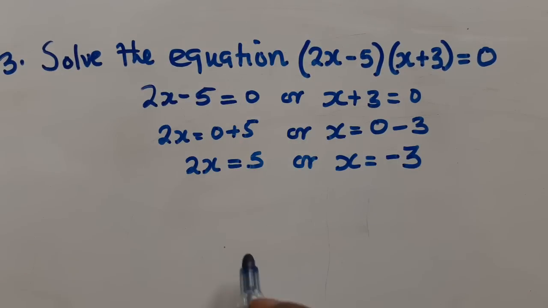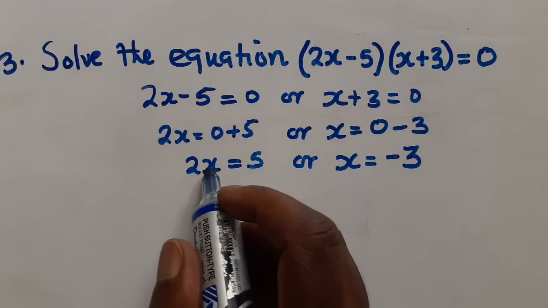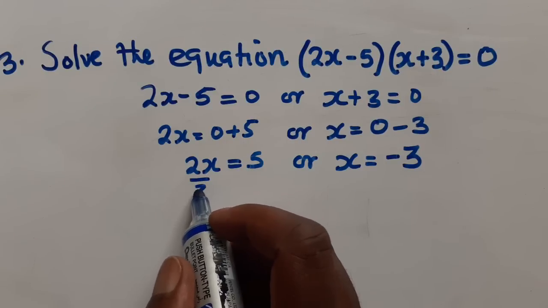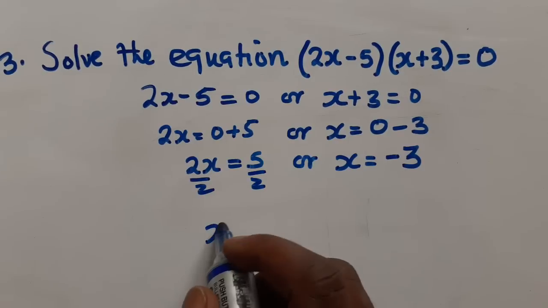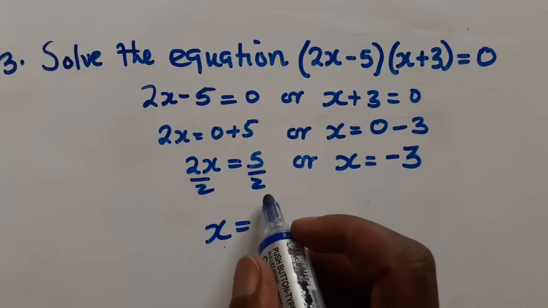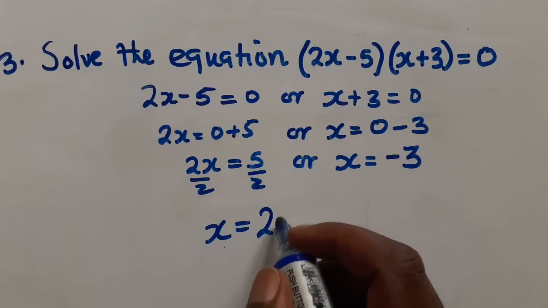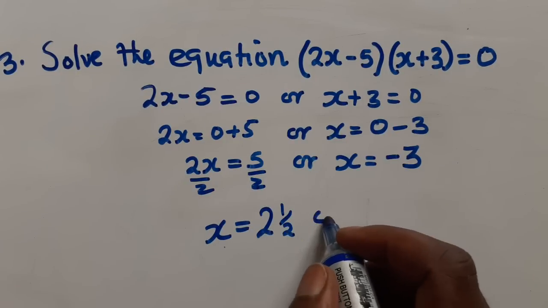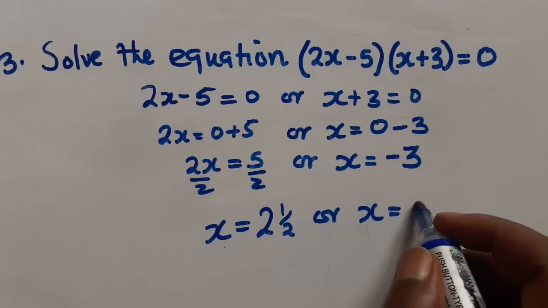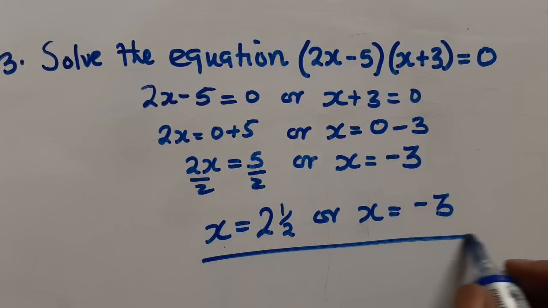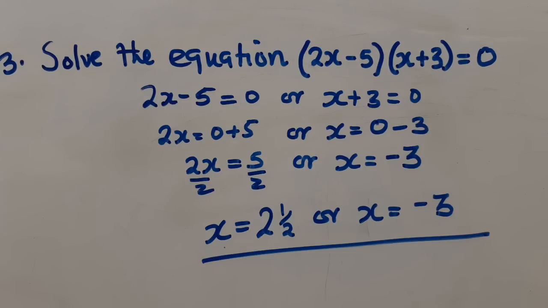And then we divide both sides by 2, so that x is equal to 2 remainder 1 over 2, or x is equal to negative 3. So these are the answers that we are supposed to get for question 3.